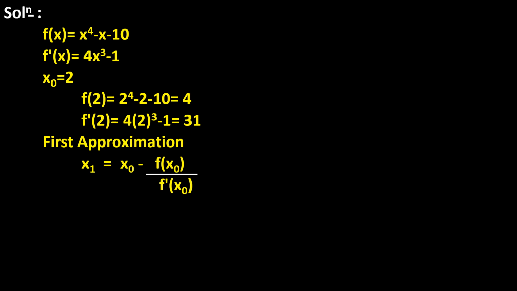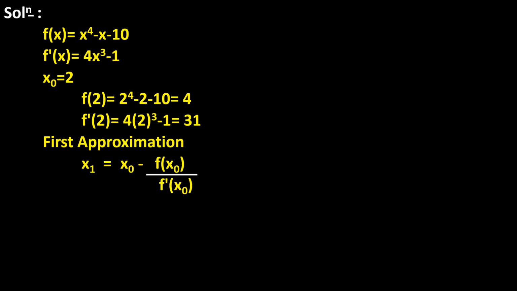Here you can observe that the formula of the Newton-Raphson method is xn plus 1 is equal to xn minus f of xn divided by f dash of xn, and the value of n is equal to 0, 1, 2, 3. Since it is the first approximation, we have considered n is equal to 0. Therefore, we have written x1 is equal to x naught minus f of x naught divided by f dash of x naught.